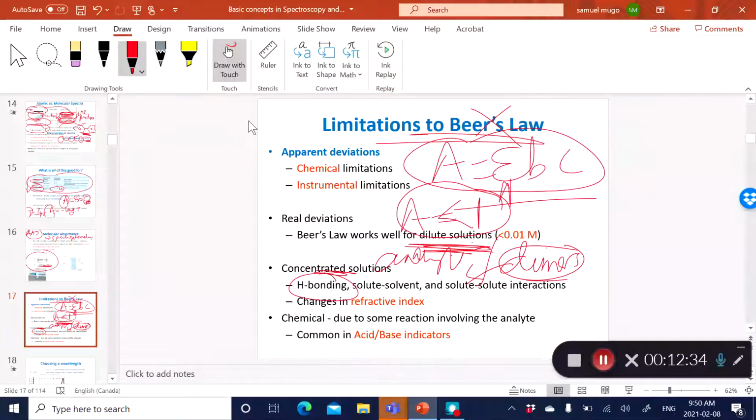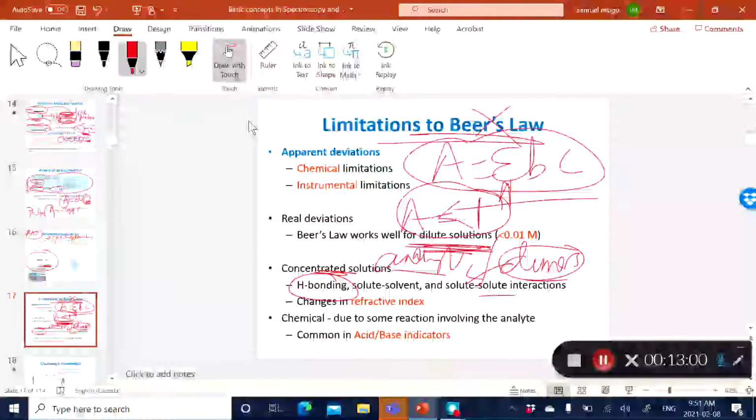It's almost like you've got two different types of chemical species. And so that's why you need to have a dilute solution, so that you discourage the solution from forming dimers or interacting to form hydrogen bonds and that kind of thing, that affects the molar absorptivity of the analyte.